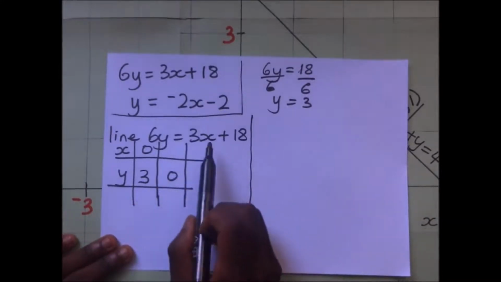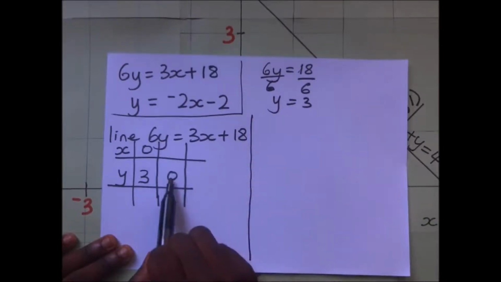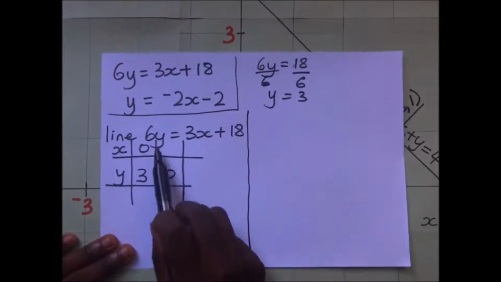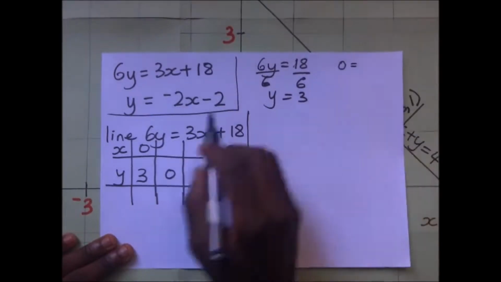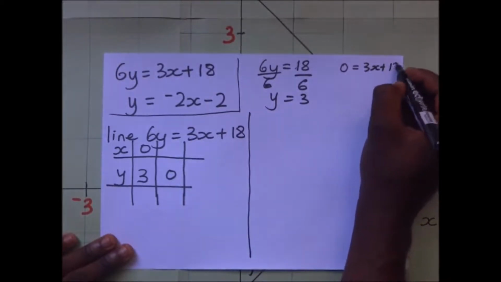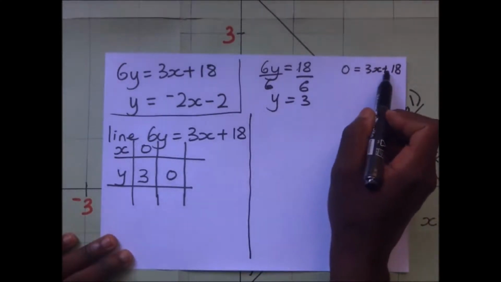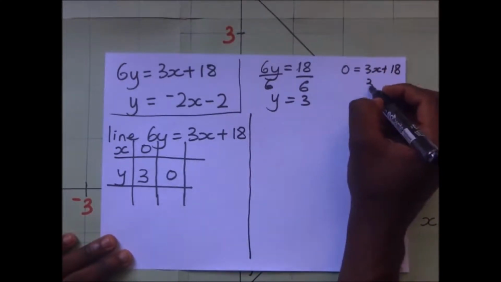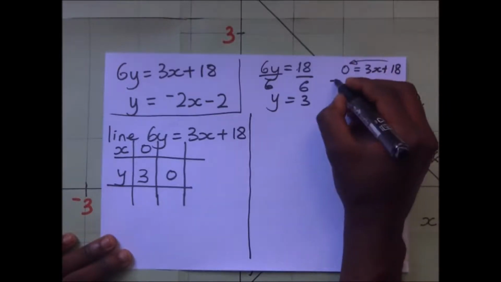Likewise, if our value of y is 0, what is our value of x? When y is 0, we substitute. 6 times 0 is 0, so we have 0 is equal to 3x plus 18. It means that 3x is equal to, when this 18 moves this way, negative 18.